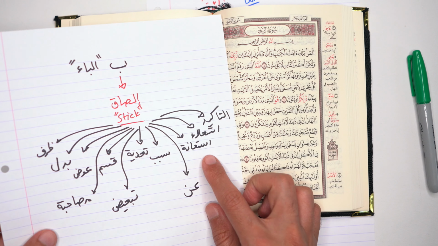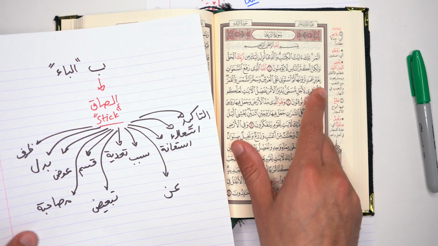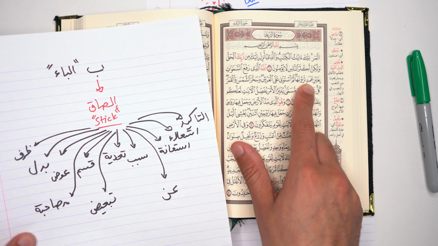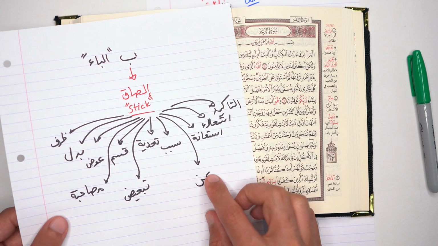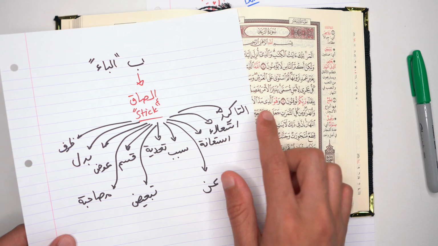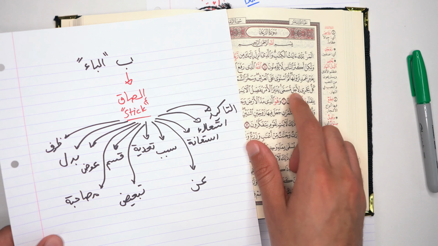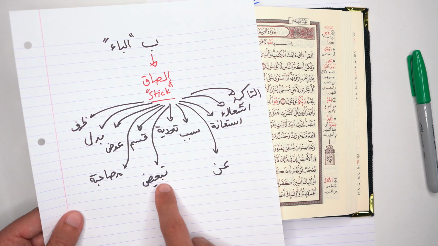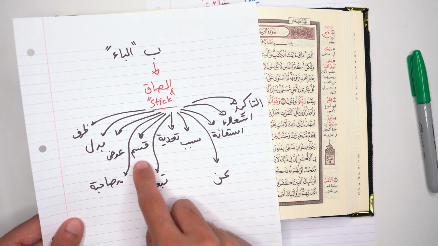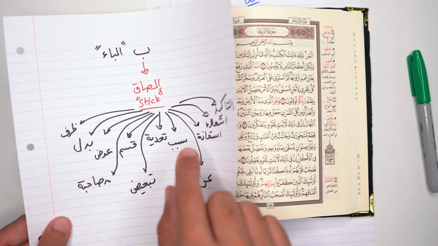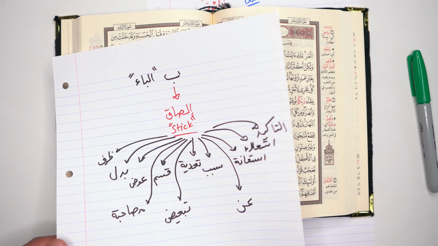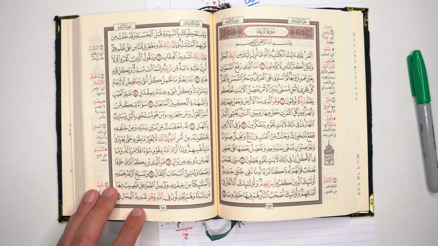No. Isti'ana, maybe, translation, maybe with the support, without the support. Okay, an, no. Sabab, is it cause, because? No. Ta'diya, no. Tab'id, ba'd, no. Qasam, no. Musahaba, iwad, badal, no. It looks like it's going to be considered ilsaq. Yeah, ilsaq. Maybe isti'ana, ilsaq.